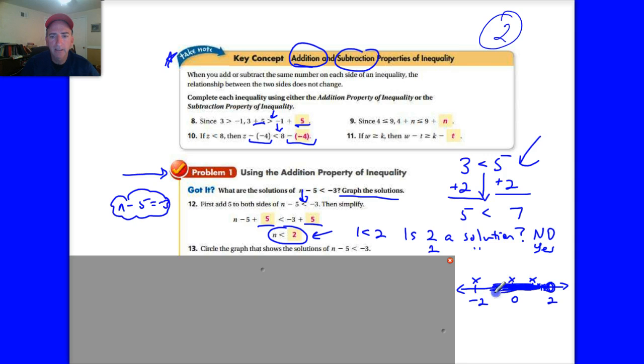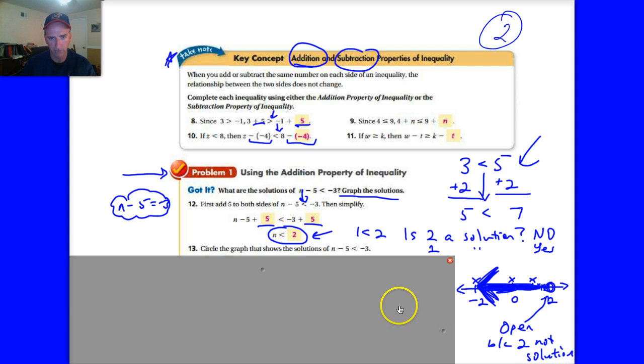Because basically this arrow represents all solutions that are less than 2, and that's how you graph. Now it's important, I didn't draw it very well, but that is an open circle. It's open because 2 is not a solution.